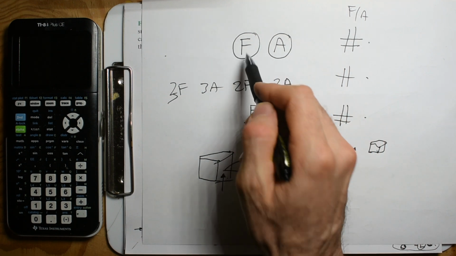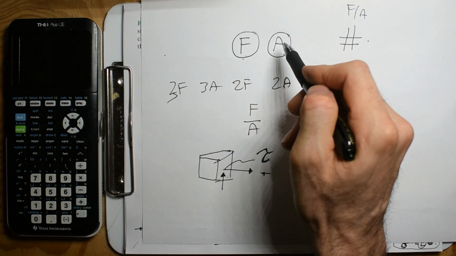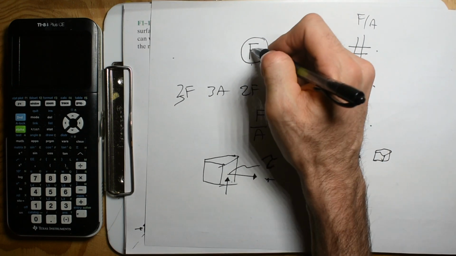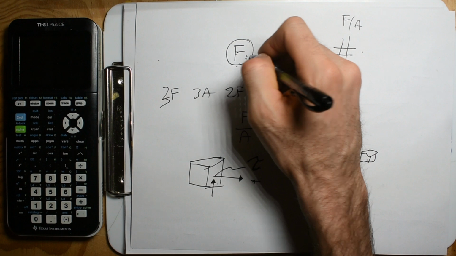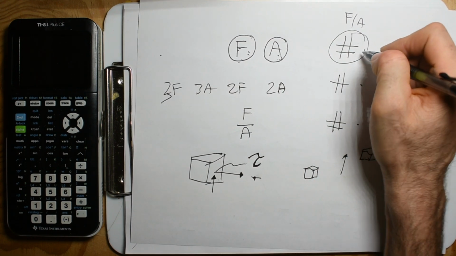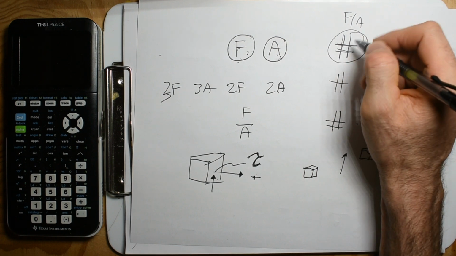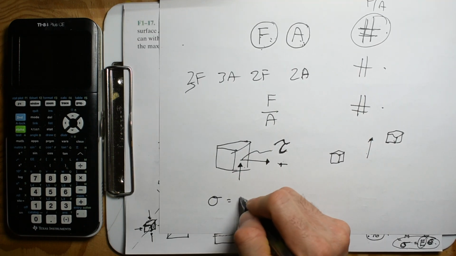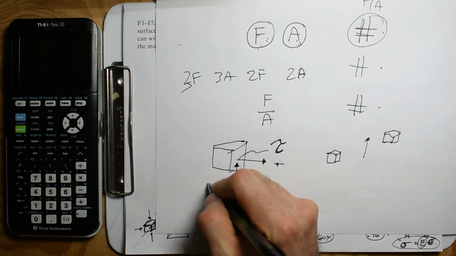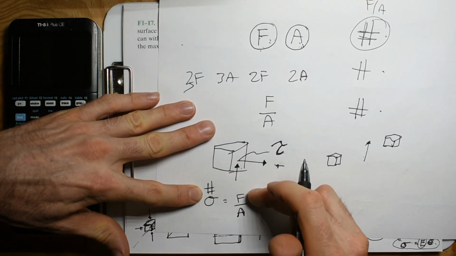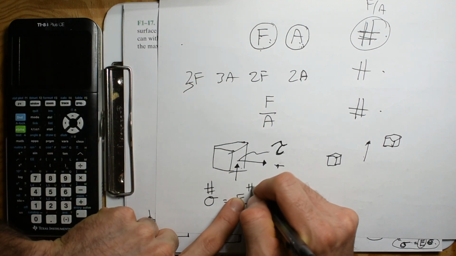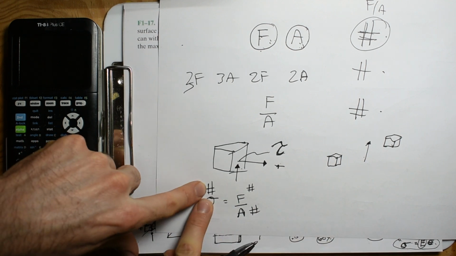Obviously you're applying a force on an area. If you increase the area, you can increase the force. This number stays the same. If this is your max number that you can have, so if sigma is equal to force divided by area, and I just have a value for this and this that make that number.